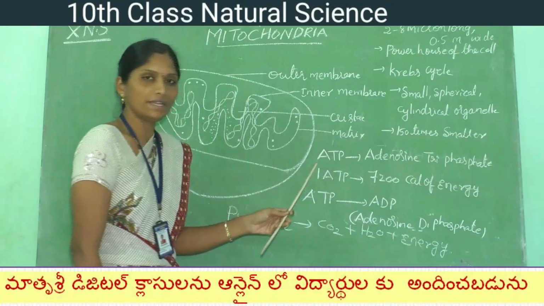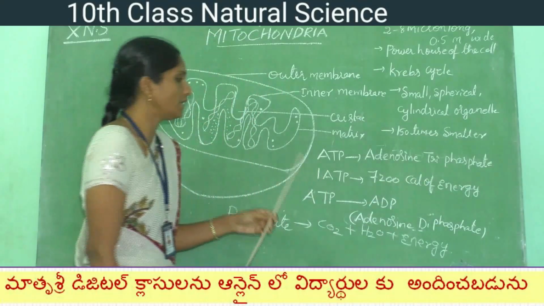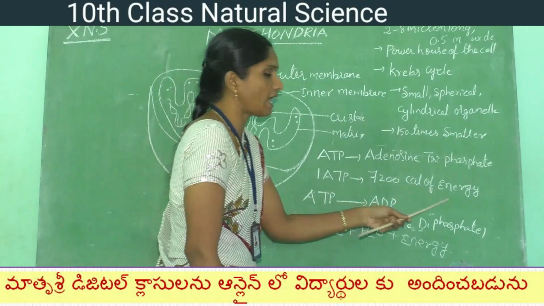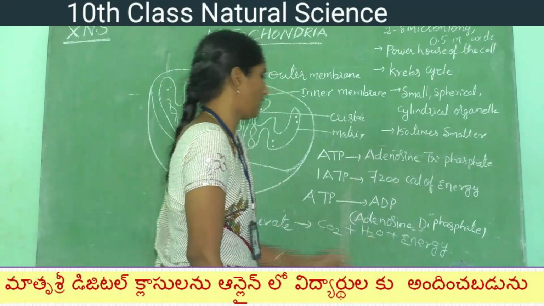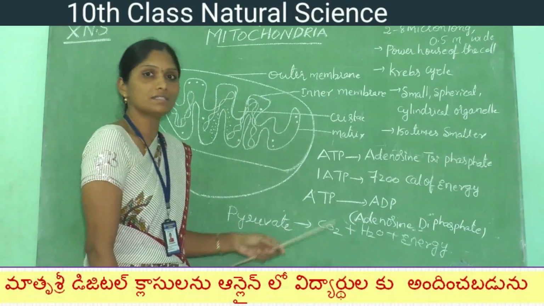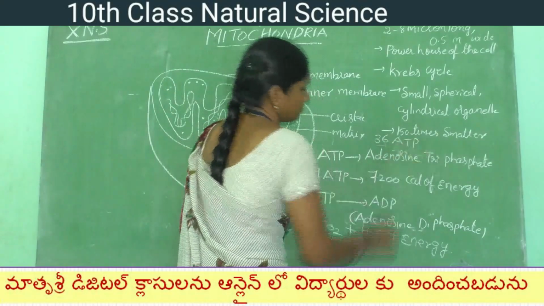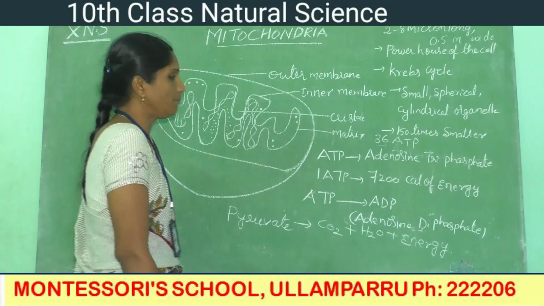One ATP molecule is equal to 7,200 calories of energy. And one glucose is oxidized to form 36 ATP of energy.